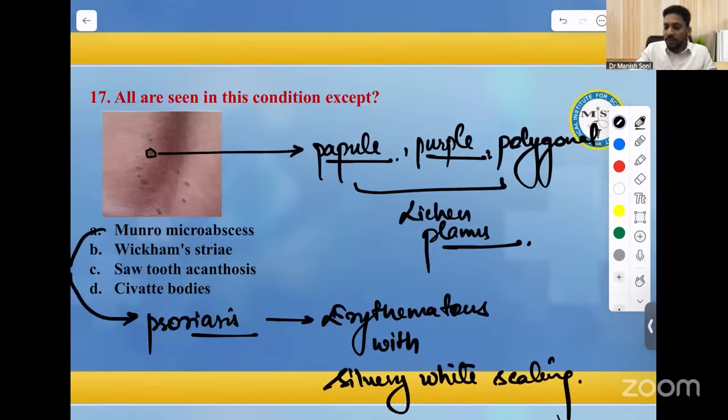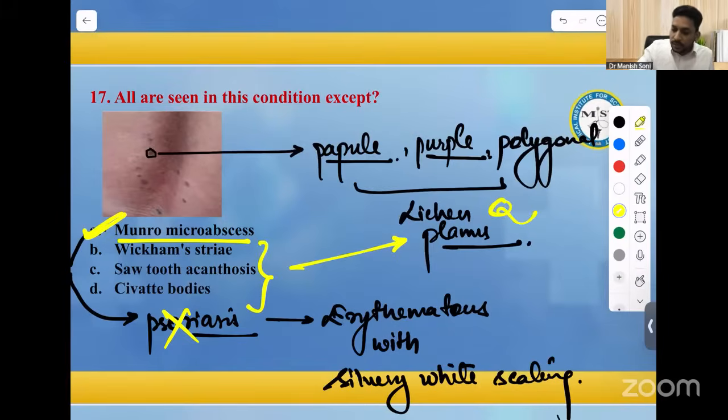In the image, you can easily make out that it is not psoriasis because it is not red and does not have scaling. So this becomes the answer. Munro's microabscess is not seen in lichen planus, while the other three are. Very important point: Munro's microabscess is seen in psoriasis, and from the image you can clearly make out this is not a case of psoriasis.